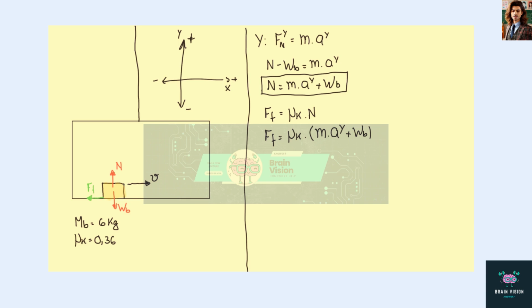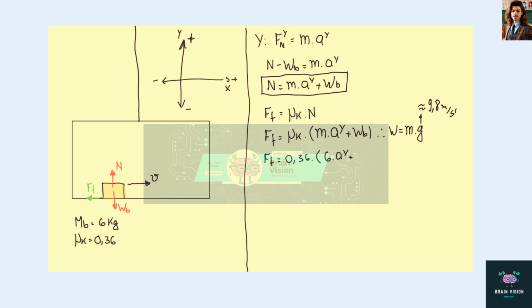Putting in some values that the problem gave us, the frictional force is in general equal to 0.36 times 6, which is the mass of the box, times the vertical acceleration of the elevator plus the weight of the box. For the weight, remember that the weight is given by the mass times the acceleration of gravity, which is approximately 9.8 meters per second squared.